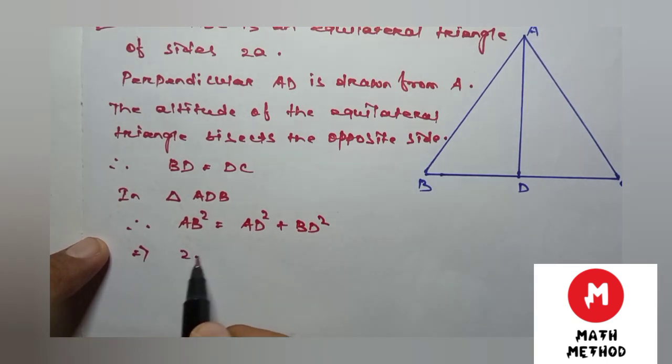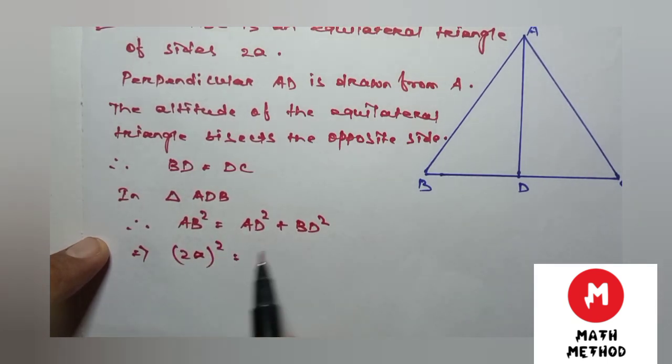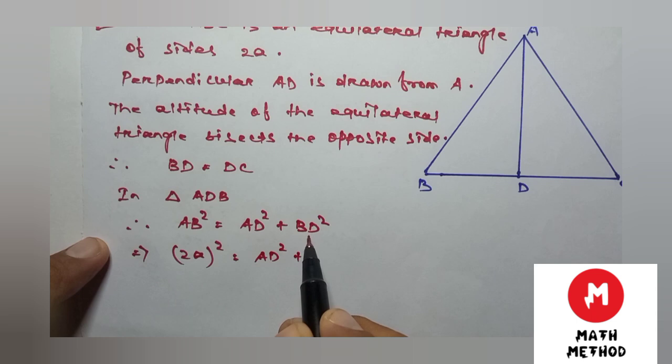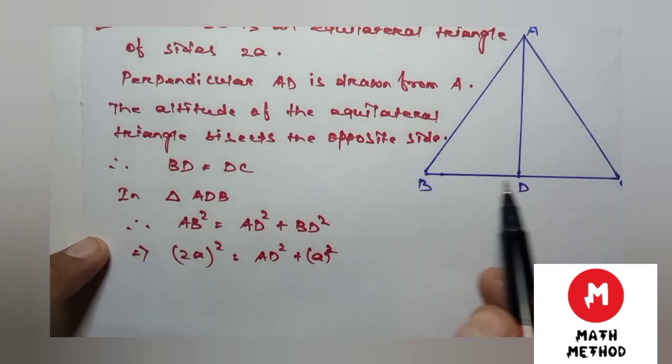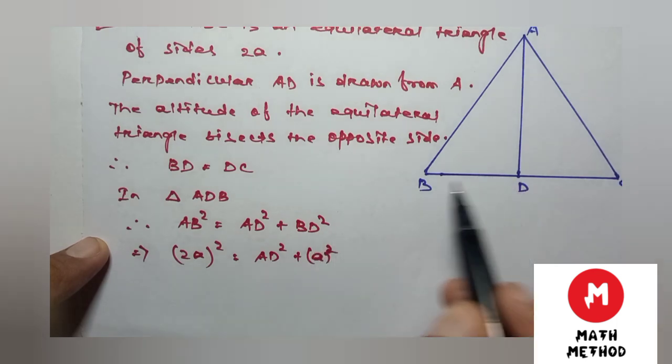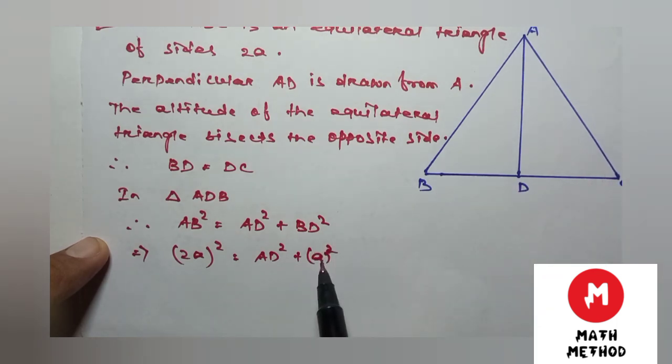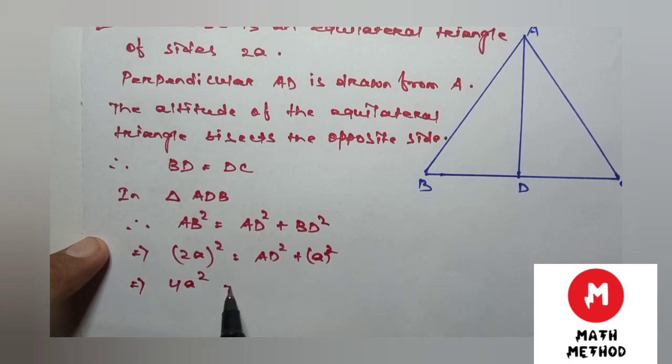So 2A whole square is equal to AD square plus BD square, where BD is equal to half of BC, which is half of 2A, that is equal to A. Clear? So 2A square is 4A square, equal to AD square plus A square.